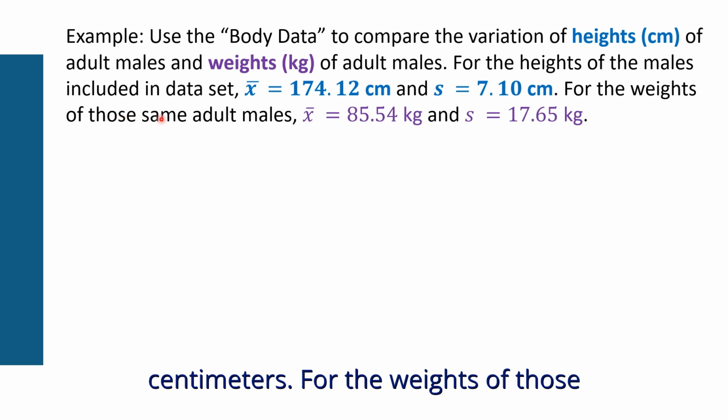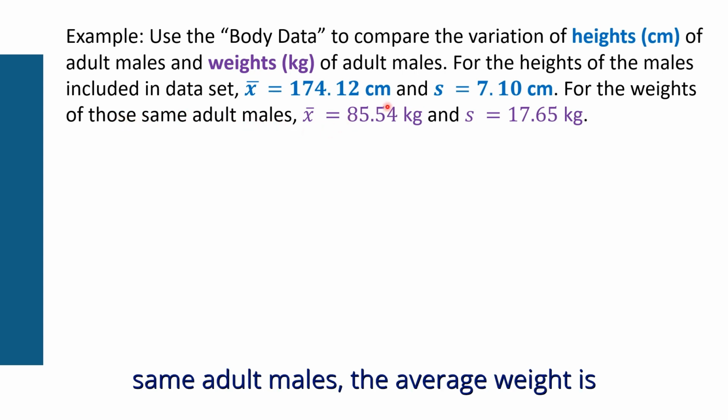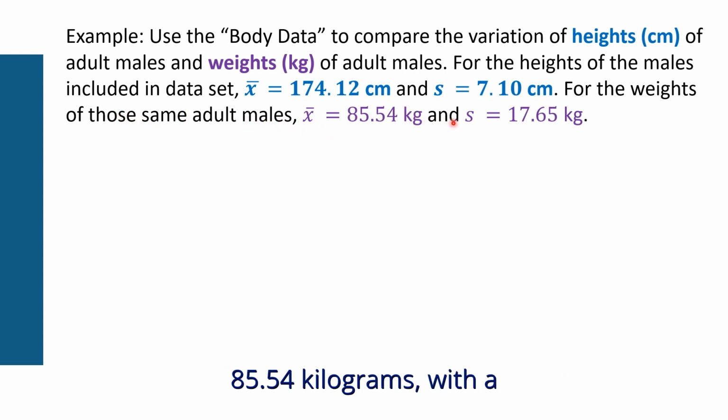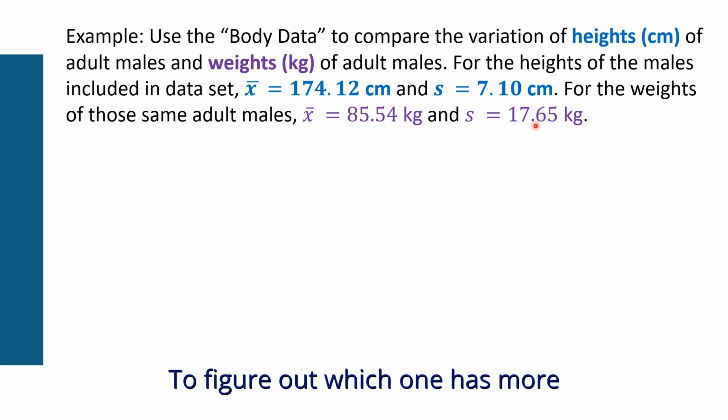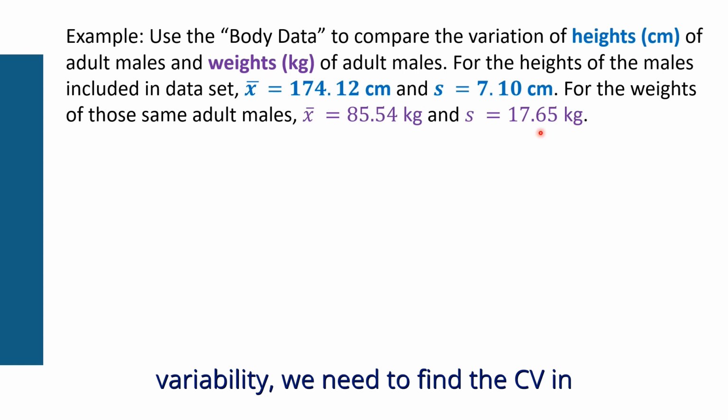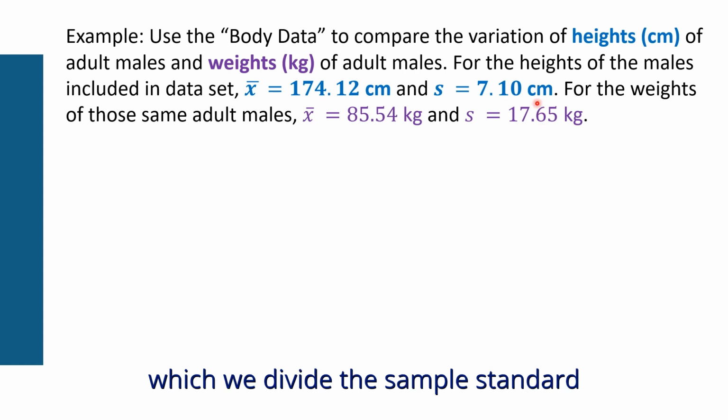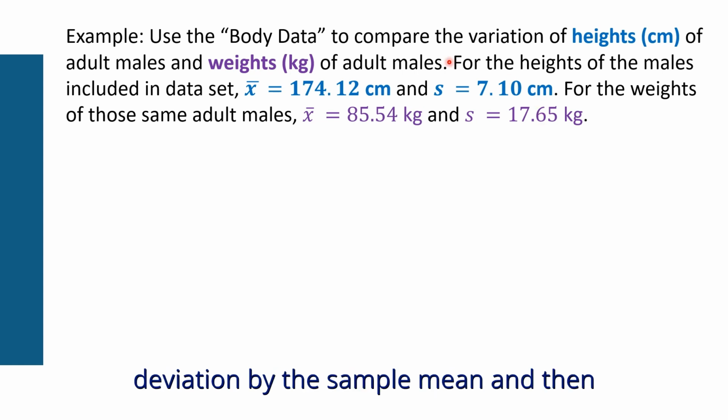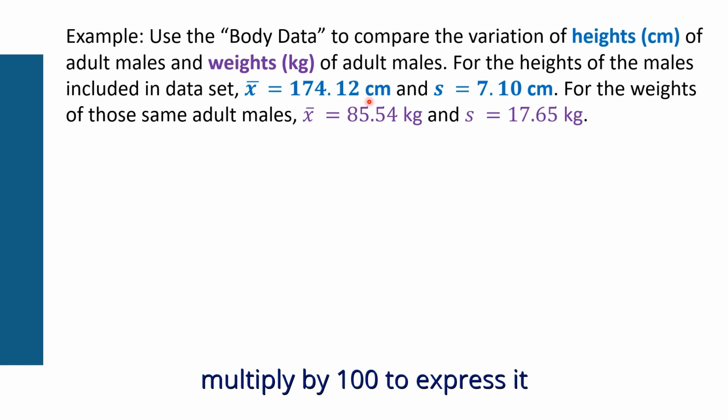For the weights of those same adult males, the average weight is 85.54 kilograms with a standard deviation of 17.65 kilograms. To figure out which one has more variability, we need to find the CV, in which we divide the sample standard deviation by the sample mean and then multiply by 100 to express it as a percentage.